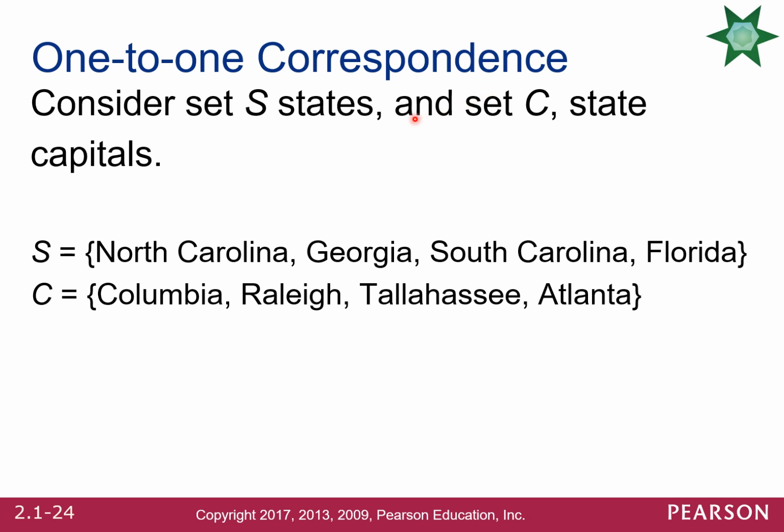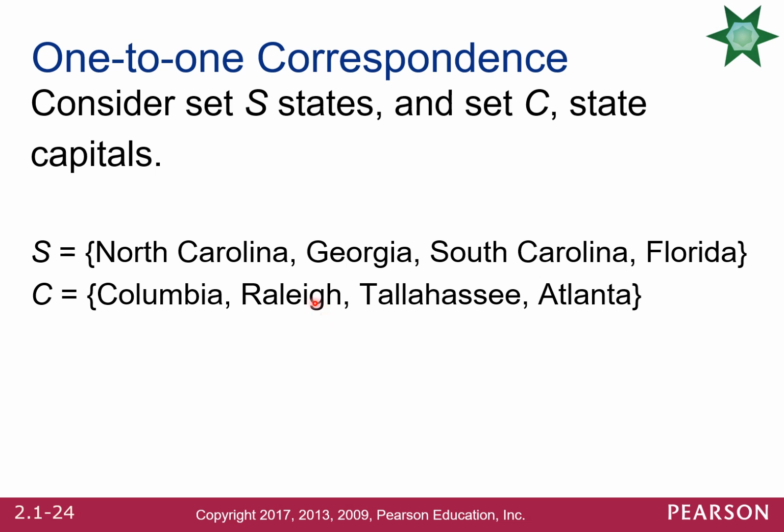But for one-to-one correspondence, it has to go both ways. So over here, North Carolina's capital is Raleigh, right? North Carolina's capital is not Columbia, not Tallahassee, not Atlanta. North Carolina maps to only one value in set C, and that's Raleigh. So we have a one-to-one correspondence.